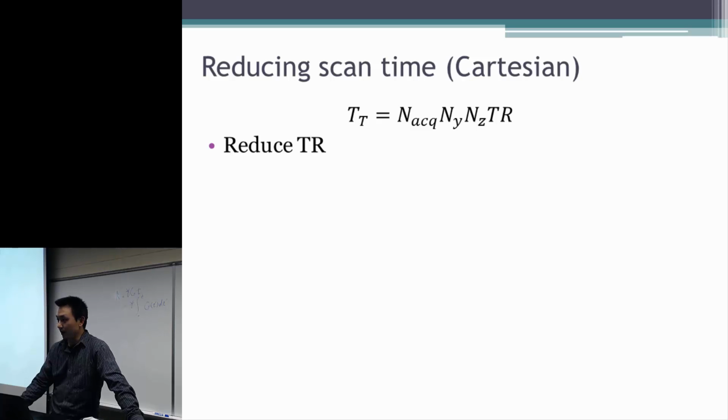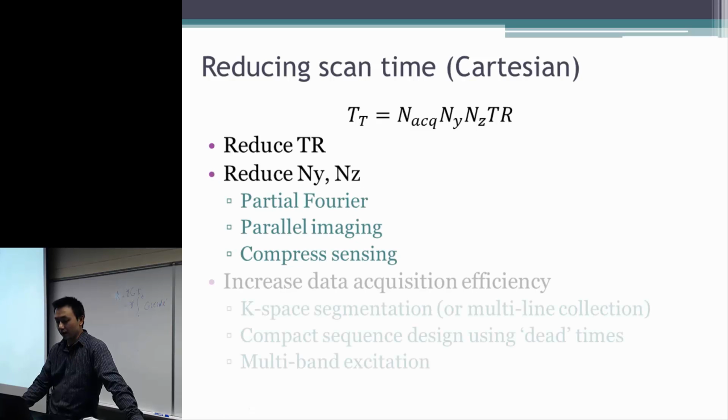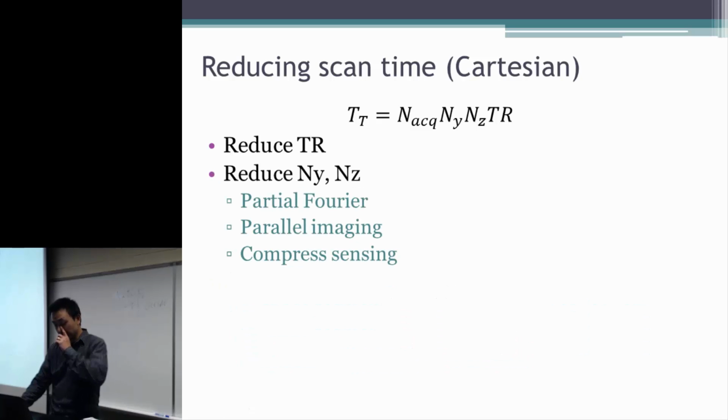There will be some steady state signal involved, so we must understand how the signal behaves when we are using a very short TR associated with the flip angle and signal spoiling schemes. The other strategy is to reduce the number of phase encoding steps.